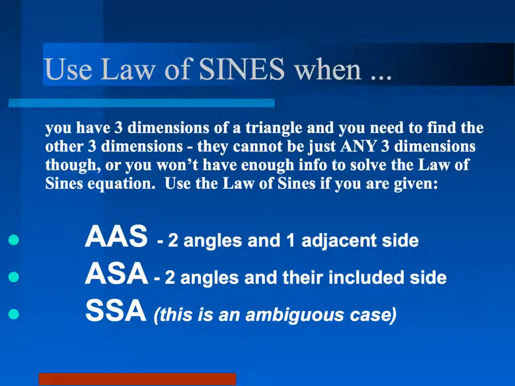So this ambiguous case happens only when we're looking at side-side angle. And you may remember that side-side angle was a bad scenario when you were trying to prove that two triangles were congruent.